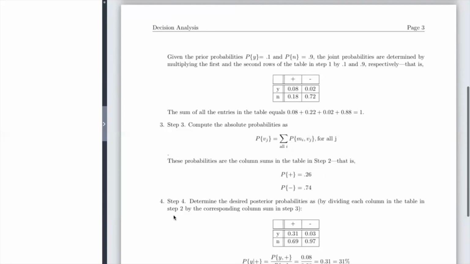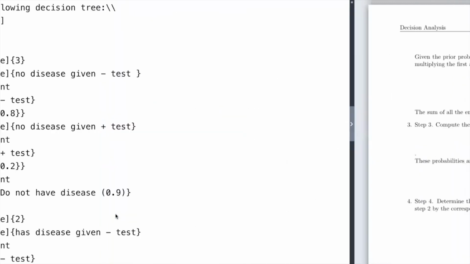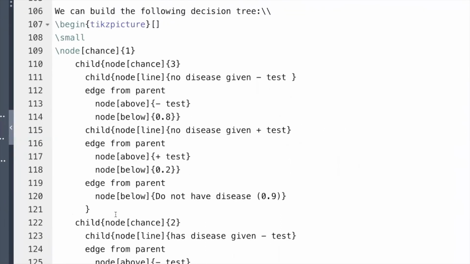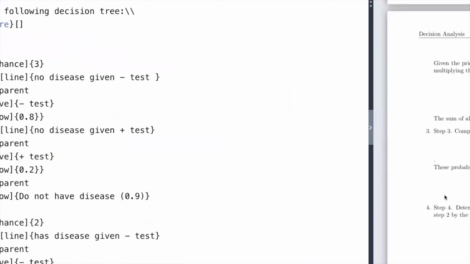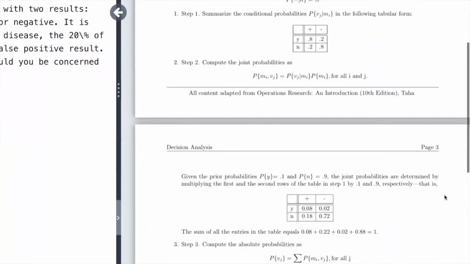So again, if you want to look at my code, it is right here. So we started with a chance node just because it's a chance that you have the disease or not. It's not a decision. And it has 2 children, 3 and 2. And I don't know if I've mentioned that before, but the one that is drawn on the bottom usually comes first.